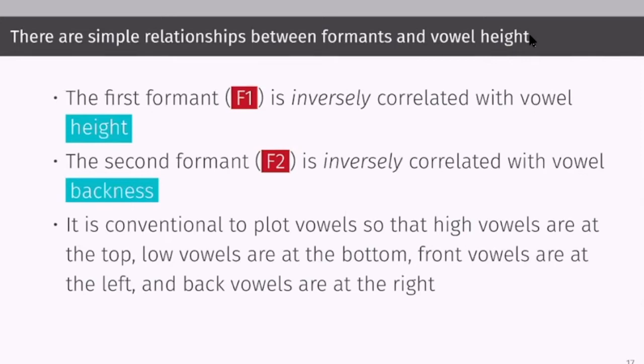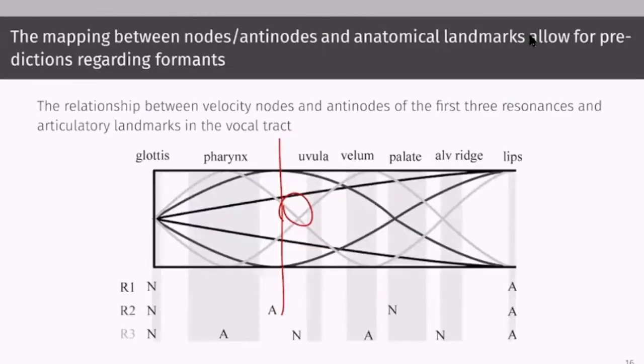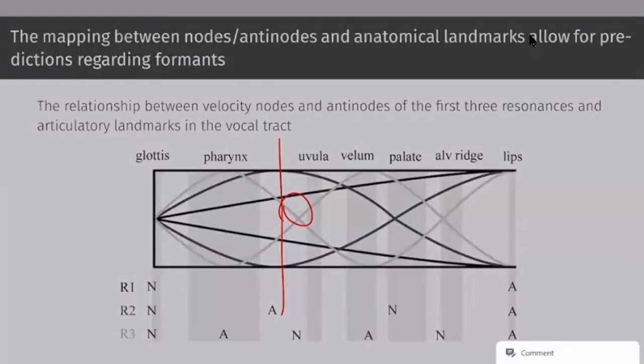Because if you open the vocal tract near a node, actually I have to look back here. To explain this, when you open your mouth up, you're creating expansions near nodes and antinodes.